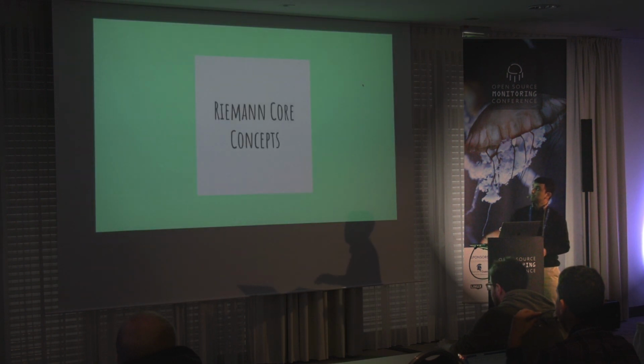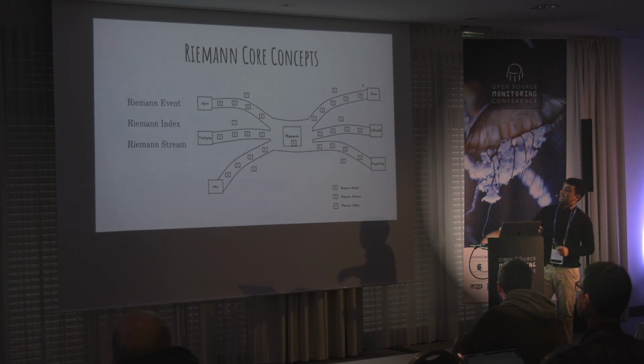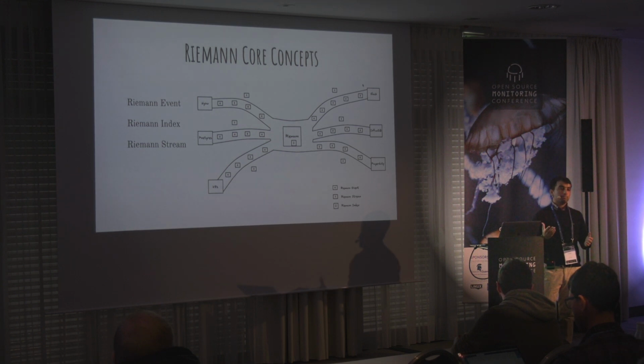Now that we have looked at a bit of introduction about Riemann, let's look at a few concepts. There are three important concepts: an event, an index, and a stream. You can think of it like every host is sending a stream of events. An event is what some monitoring systems call data points. You can think of it as a signal which shows that something has changed in the system.